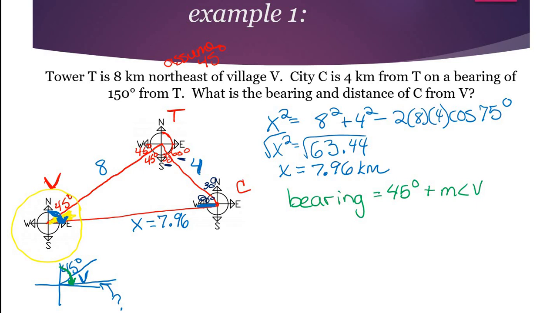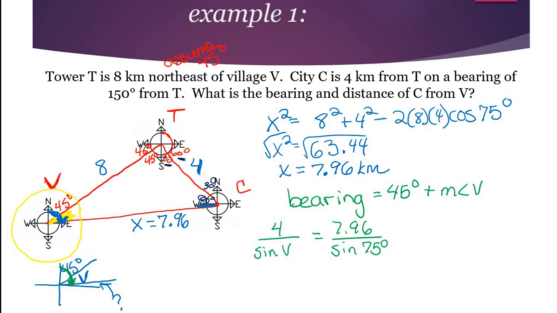Now we can easily do that with law of sines because I have 4 across from the sine of V equals 7.96 over the sine of 75.